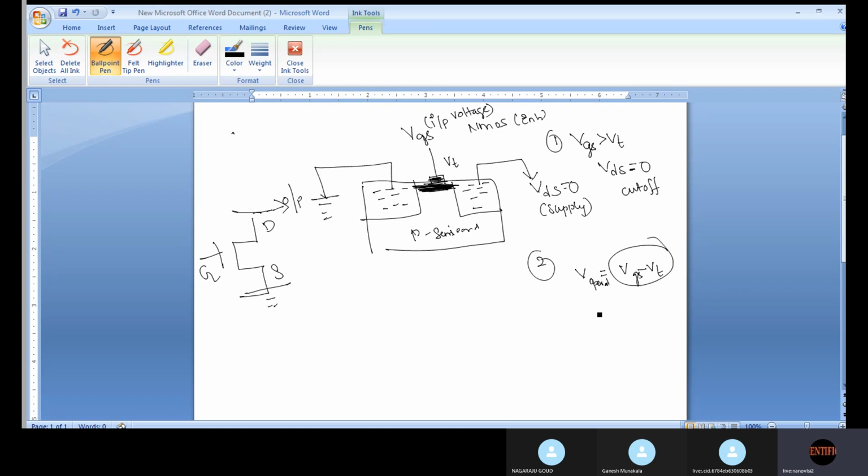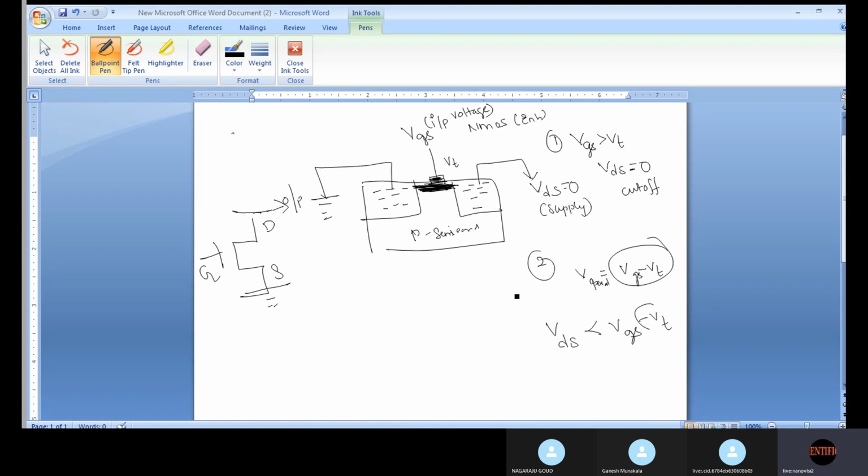So whatever the input voltage is, you subtract the threshold, and this is what is called VGS minus VT. In the second condition, the supply voltage VDS is less than VGS minus VT, you are removing the threshold voltage. This is the operating voltage.